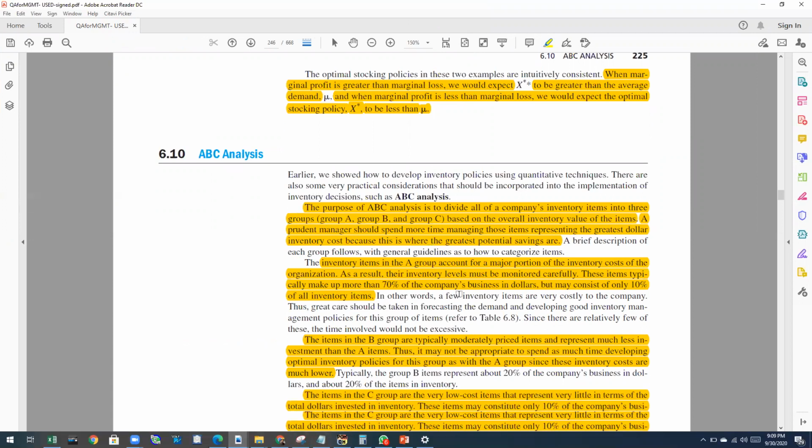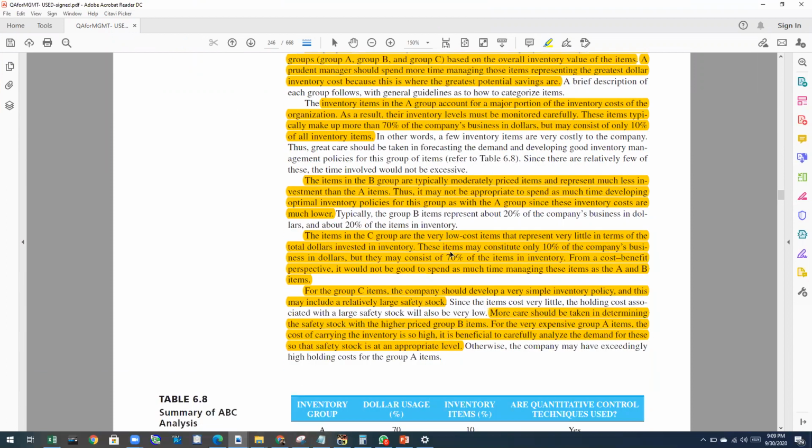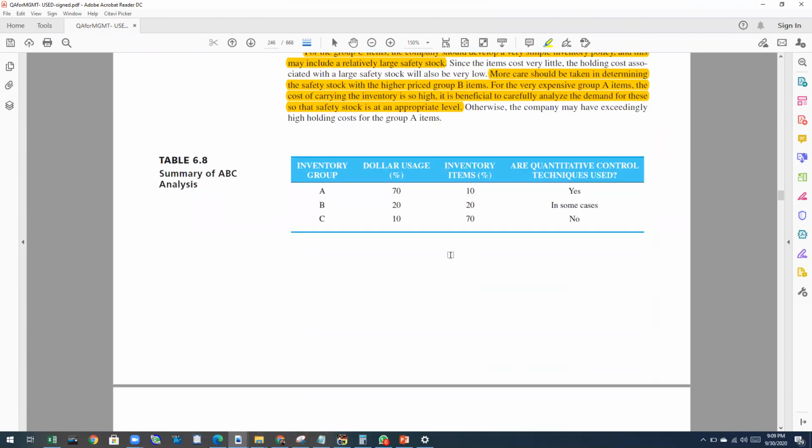It is self-explanatory. I ask you to read it. It's simple. It's basically classifying the types of items you're carrying, from most important to least important.